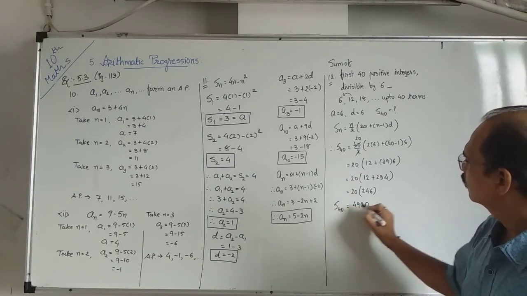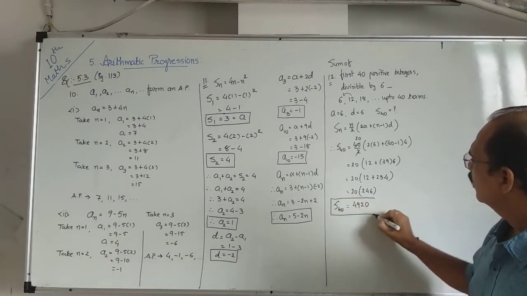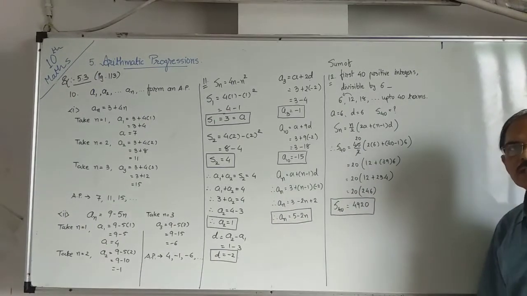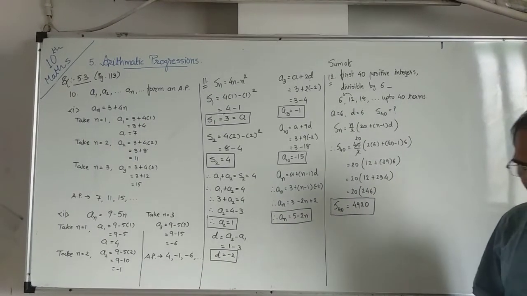S40 equals to the sum of 40 integers which are divisible by 6.